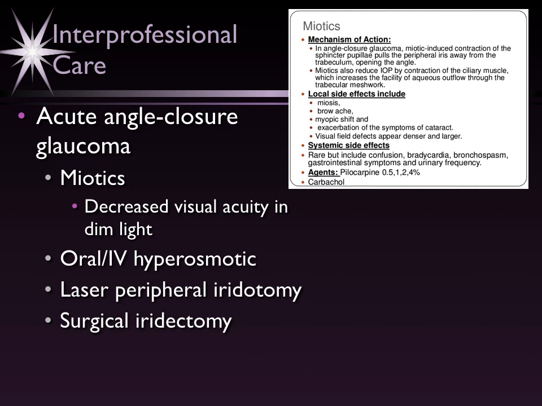In some cases, they may do it to both eyes, just as a preventative, just-in-case situation, because often they could experience an acute attack in the other eye as well, and we just haven't seen the signs of that happening yet.